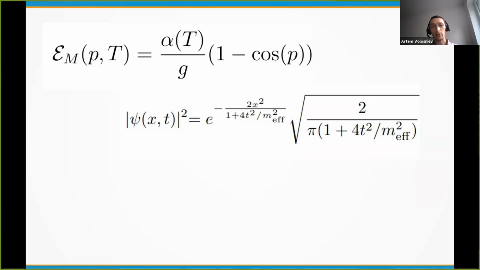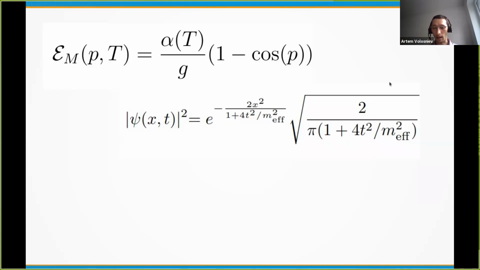So if the temperature is high, then this mass becomes small, which is intuitively clear. When the temperature is high, the colliding particles are energetic, and it's easier for them to exchange the position. So the overall dynamics become faster, which here is basically given by the idea that the effective mass becomes smaller.